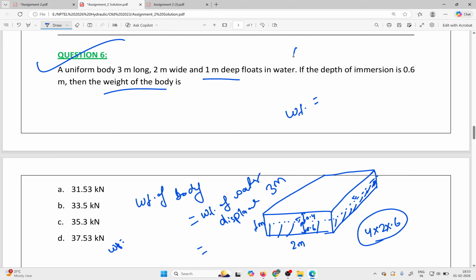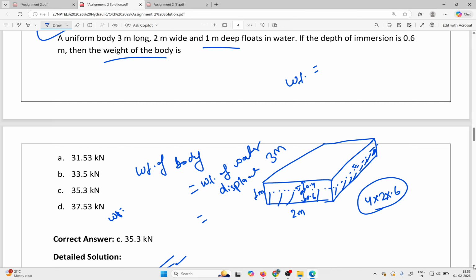Or unit weight. Let me explain in another way. Unit weight gamma is equal to weight divided by volume. So for calculation of weight, you have to take gamma into volume.